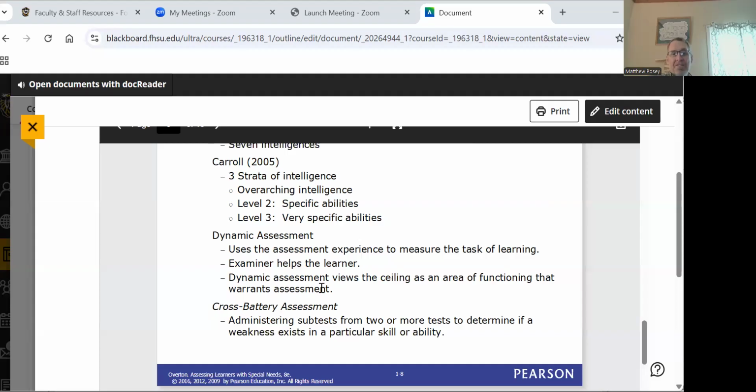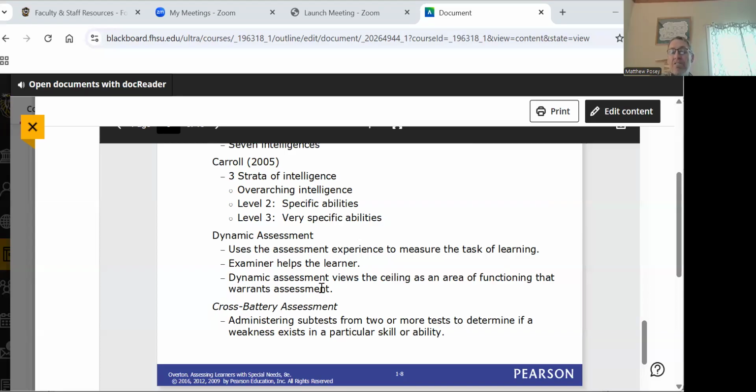Another alternative method is cross-battery assessment, and so that's administering subtests from two or three more tests to determine if weaknesses exist in a particular skill or ability. This practice, cross-battery assessment, is not uncommon to do. Okay.